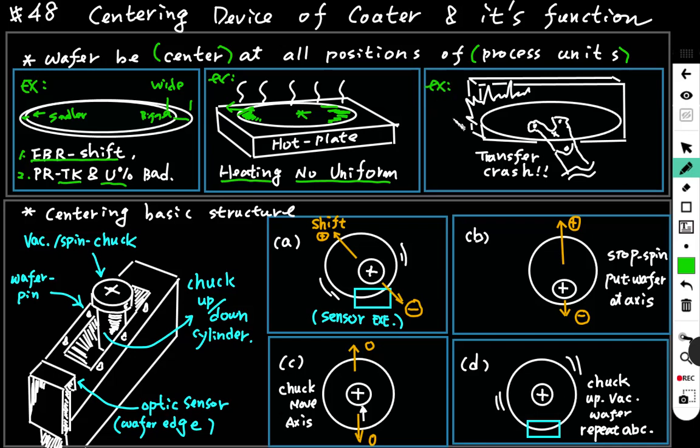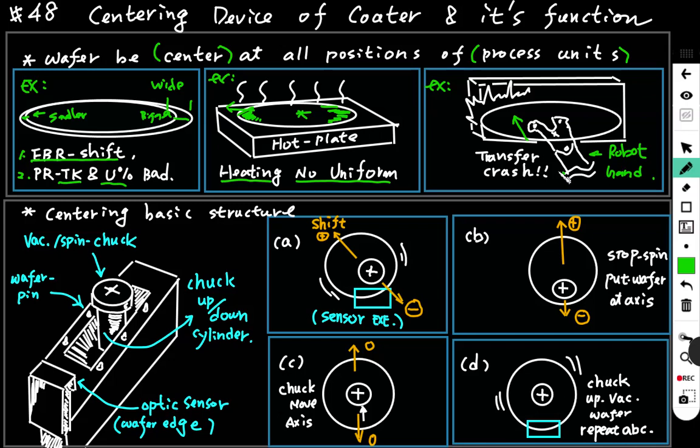This is a transfer pitch. This is the robot hand. It carries the wafer to the gate. Because the wafer center is not at the central position of the robot, the wafer on the robot shifts its position.